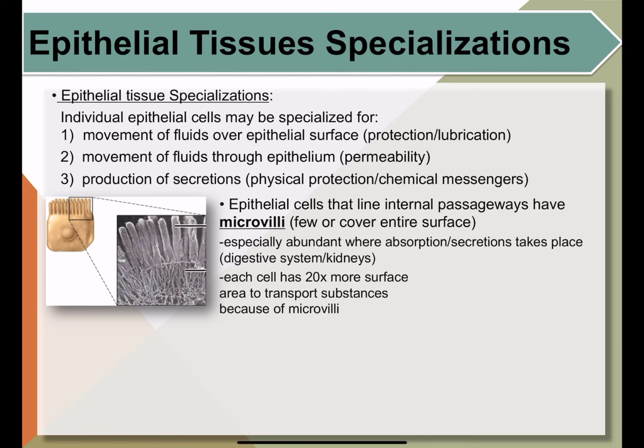Microvilli are usually abundant in areas where there's a lot of absorption or secretion involved. These curvatures you see here can actually provide 20 times more surface area to the cell compared to if it was completely flat. So curvature versus flat makes a big difference.